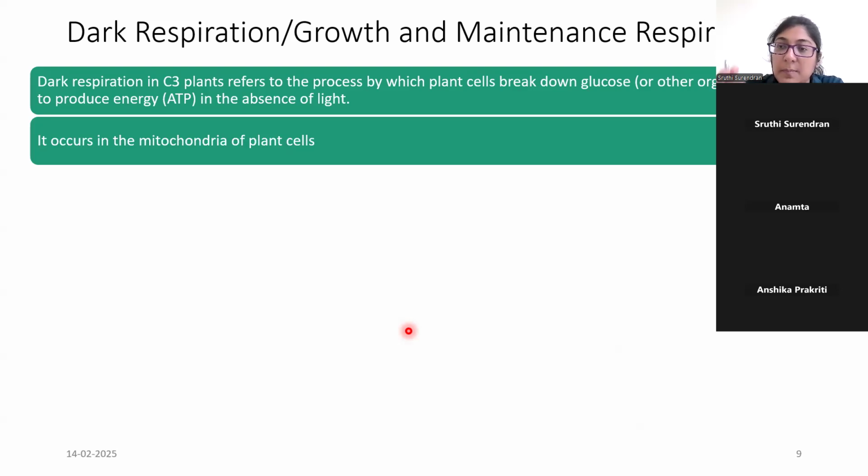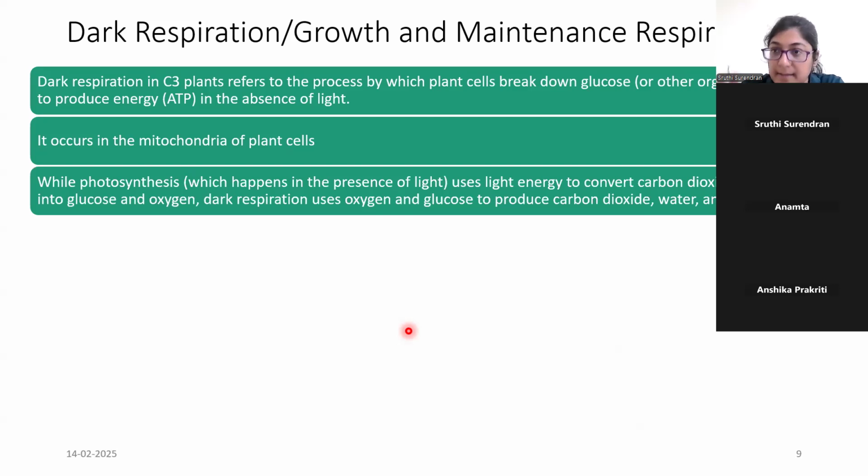If the plant is alive and active, then this sort of respiration will take place. It occurs in the mitochondria of the plant cell, like how photosynthesis and photorespiration occur inside the chloroplast, in the thylakoid membrane and the stroma. Dark respiration occurs in the mitochondria of plant cells.